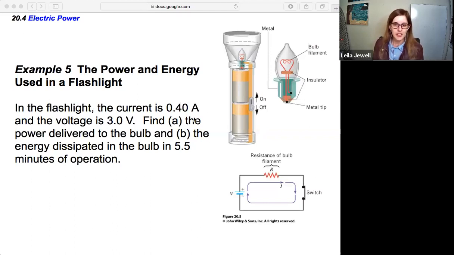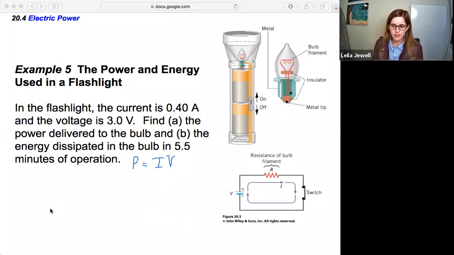Okay. So since we have the current and the voltage, here we aren't asking for the resistance, we're asking for the power. And we remember power is equal to current times voltage. So we're in great shape. We don't even need to do much manipulation there to solve it. What about for finding the energy dissipated in the bulb?